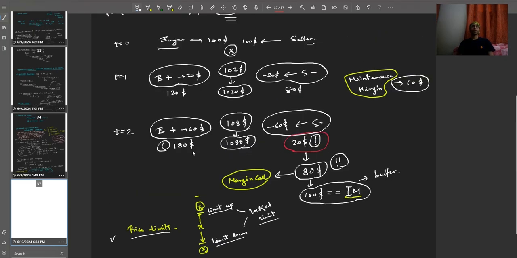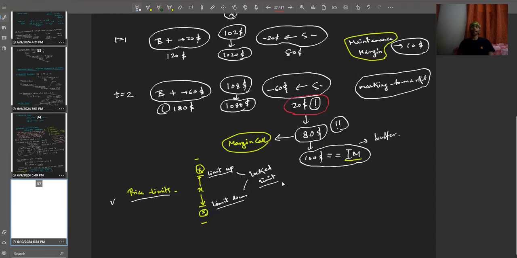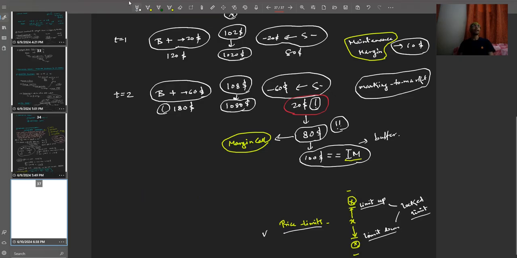Now, the price of the contract changing every day based on the performance of the underlying, this phenomenon is called marking to market. Now we have to understand what is the cumulative gain or the loss to the buyer or the seller at the end of the expiration if both hold on to the contract till expiration. So let's say at t equal to 3, the price of the stock went to 90.